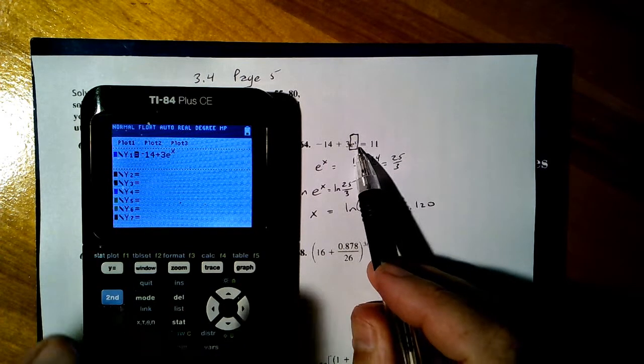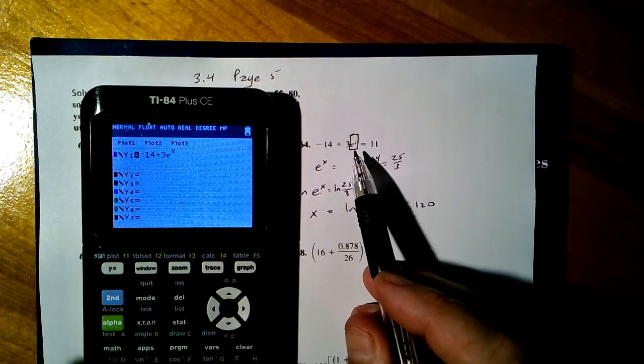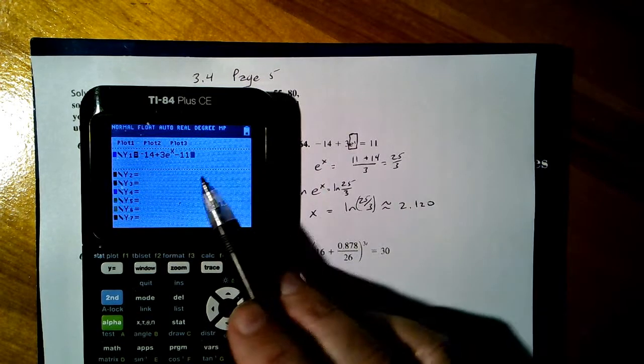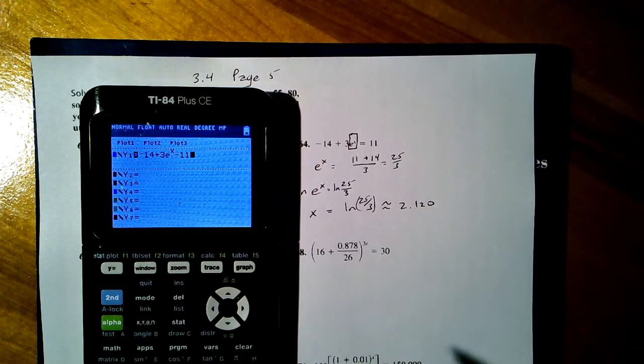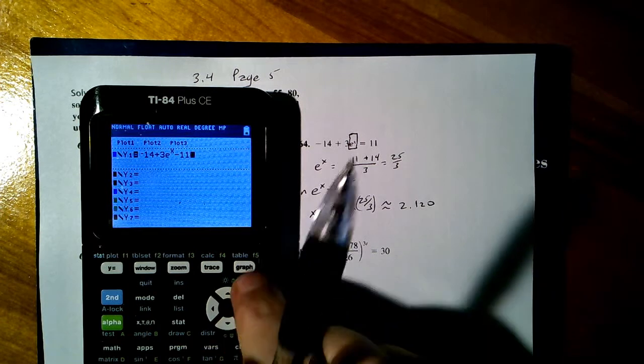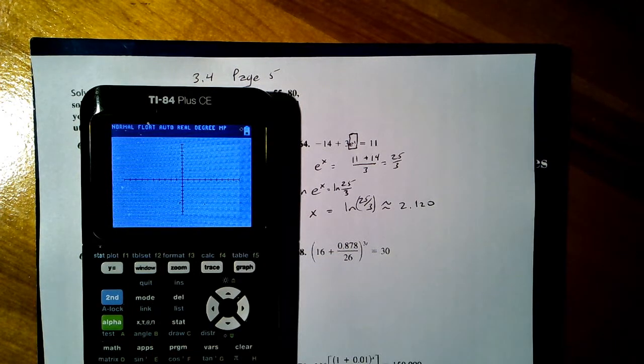I'm going to subtract the 11 to this side, giving me 0. And then I'm going to see when this graph hits 0. So we go ahead, zoom 6. I think it should happen at 2.12. Ooh, I'm feeling pretty good about it.